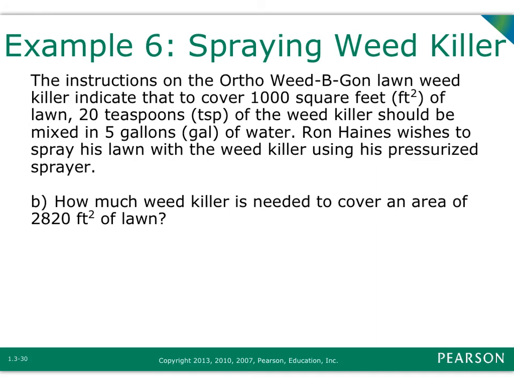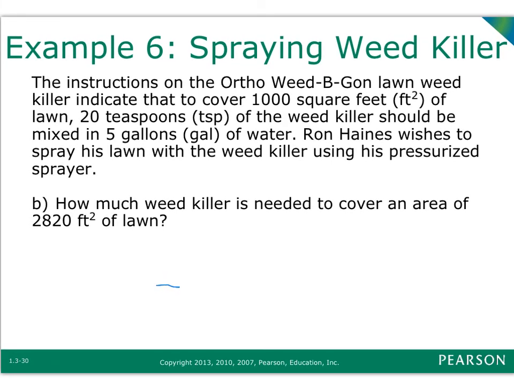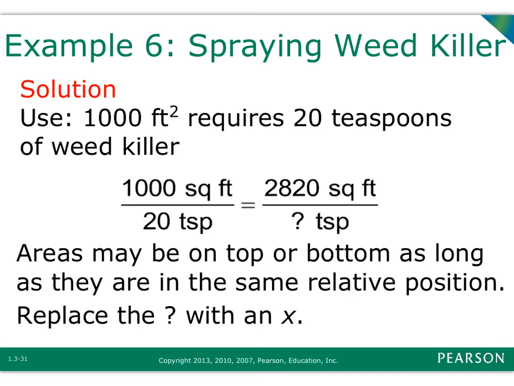How much weed killer is needed to cover an area of 2,820 square feet of lawn? So again, this is a ratio problem, but now we know we have 20 teaspoons for 1,000 square feet with 5 gallons. And now we want to know how many teaspoons that I need to find, right?